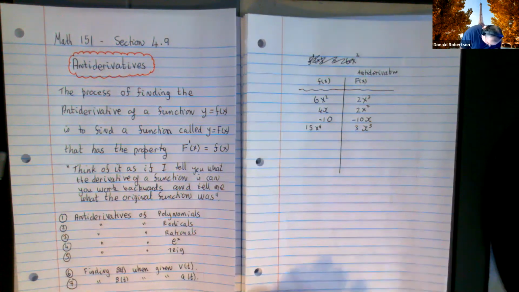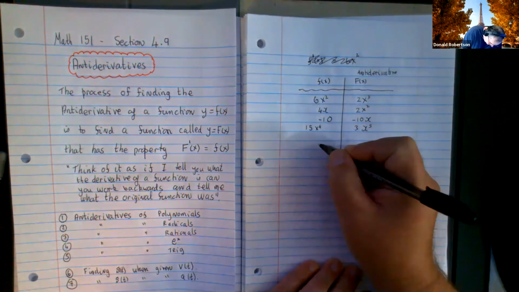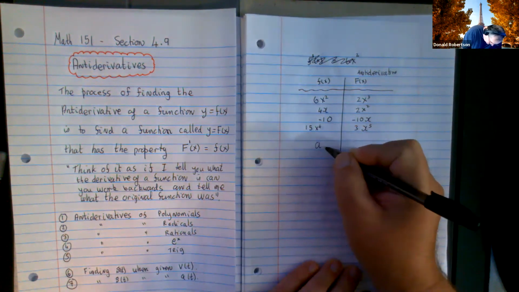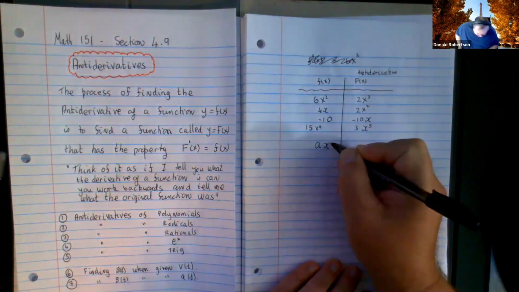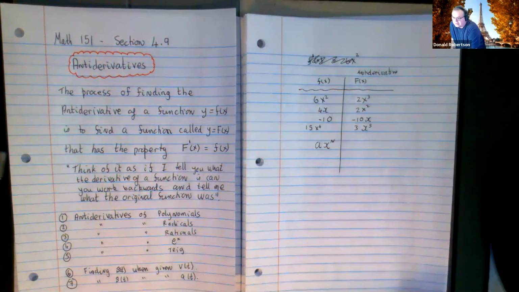So I'm going to write that down as a generic formula. If I give you any multiple of a power, like 5x cubed or 7x squared, let's call it ax to the n.